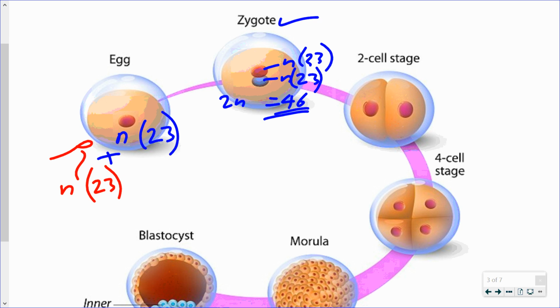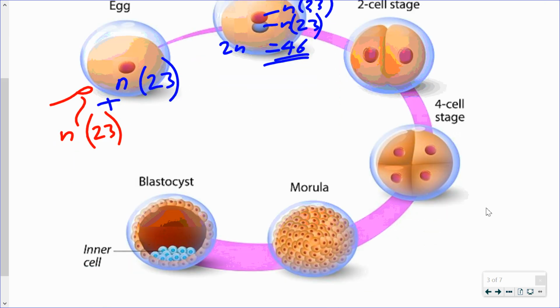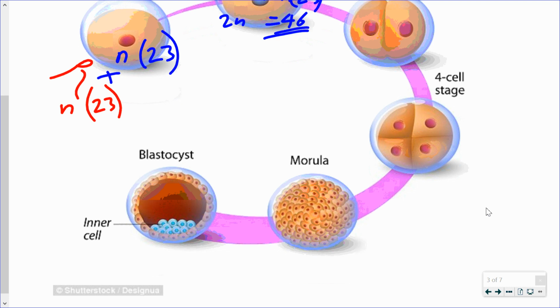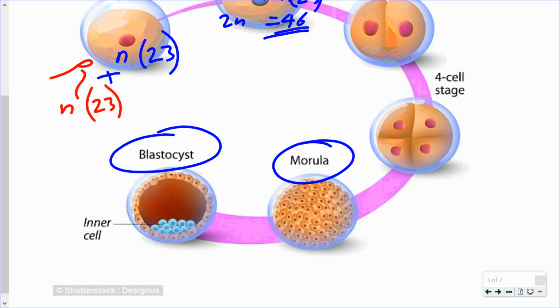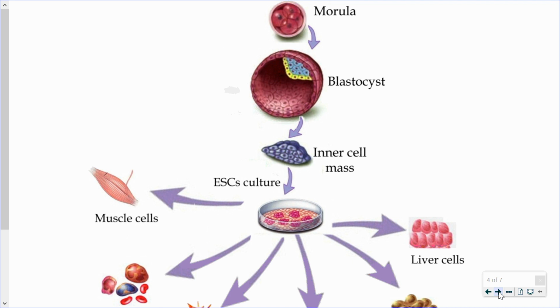Then we have some cell divisions that are taking place. Again, these are mitotic divisions, and initially it's a doubling, so 1, 2, 4, 8, 16, and so on and so on. And you should know the name in addition to the zygote of some of these other structures as well. The morula is the solid ball of cells. The blastocyst is the fluid-filled ball of cells where we have the trophoblast on the outside and the inner cell mass on the inside.